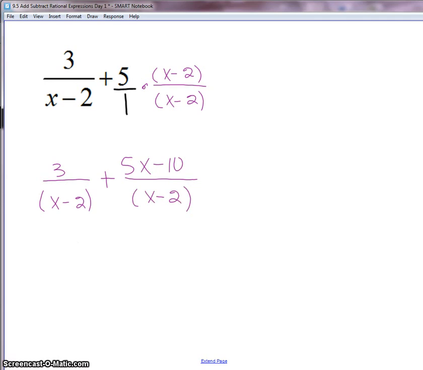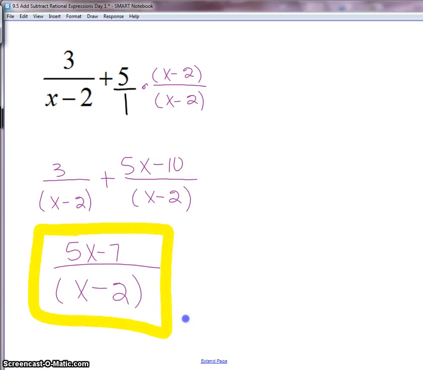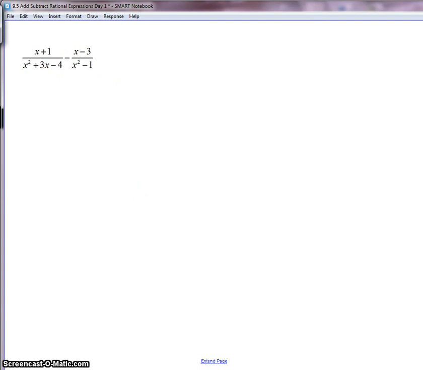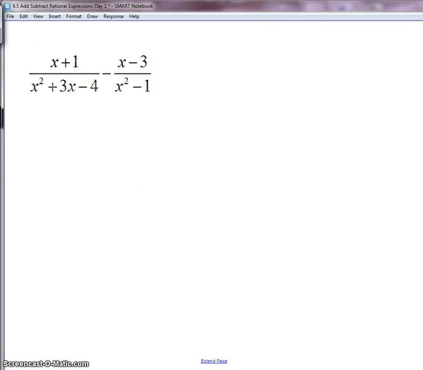Combine your numerators. All right, guys, go ahead and try this on your own. By the way, we do need to pause now to give everybody a chance. So someone pause me.